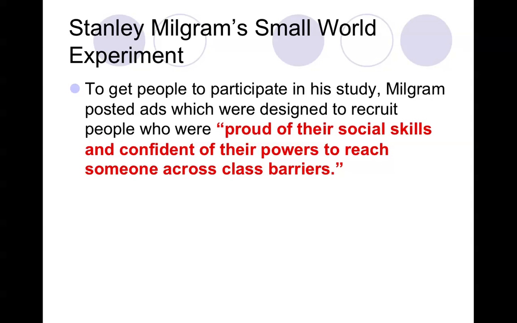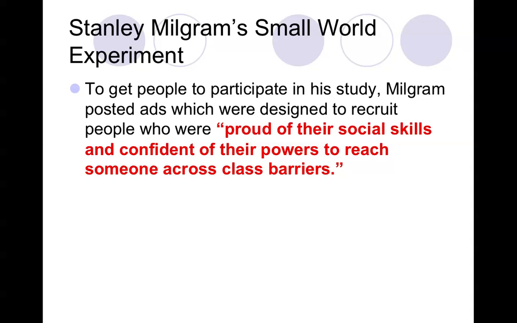Before beginning the study, Stanley Milgram needed to recruit people to be part of it. These were the participants in Wichita, Kansas, and Omaha, Nebraska. To get people to participate, Milgram posted ads designed to recruit people who were, quote, and these were exact words used in his promotion, "proud of their social skills and confident of their powers to reach someone across class barriers."